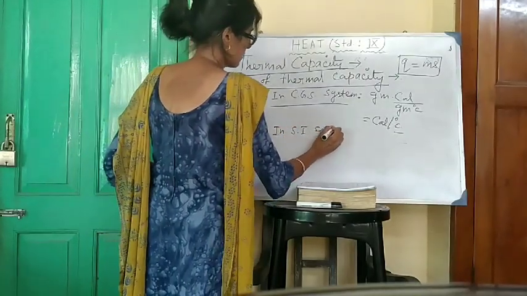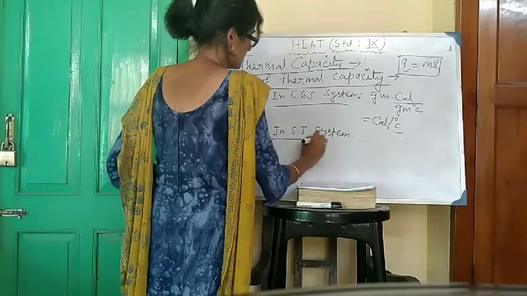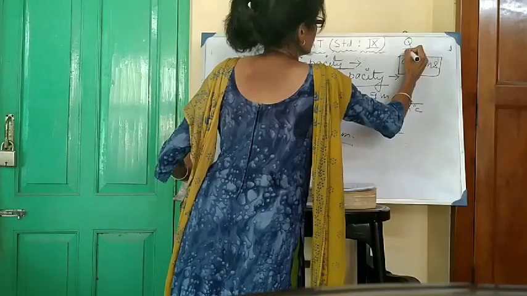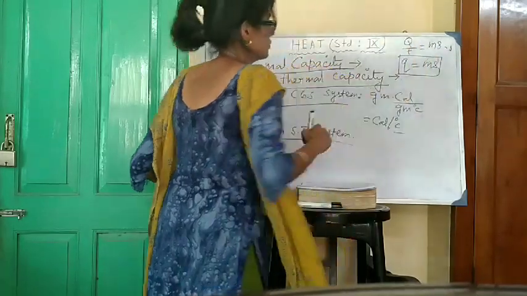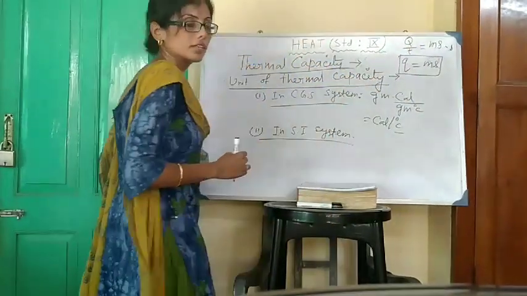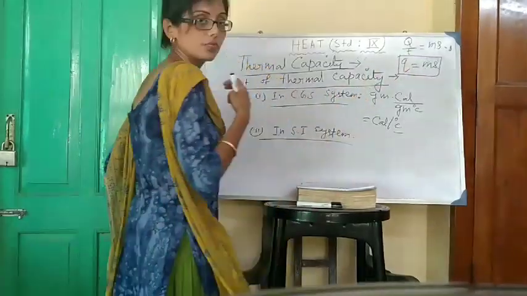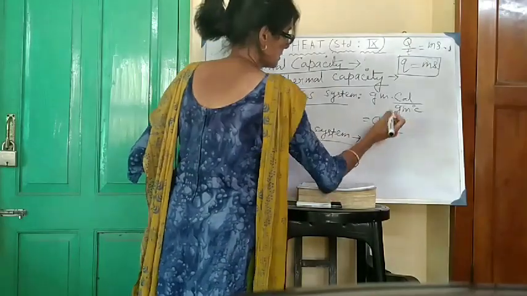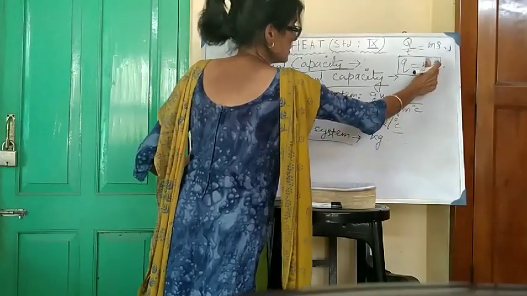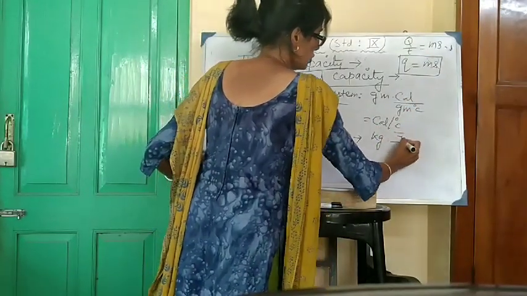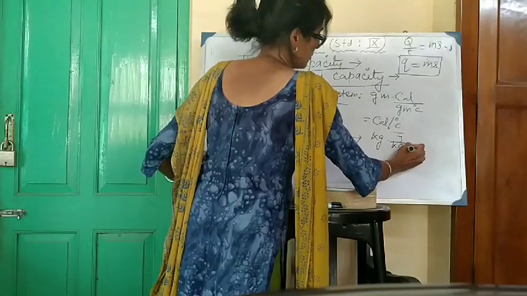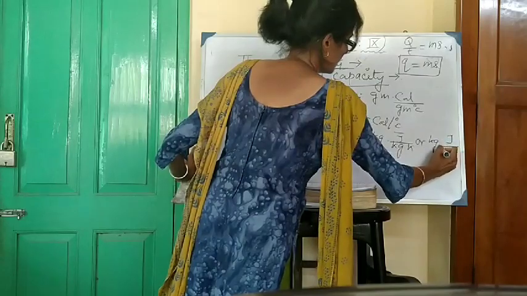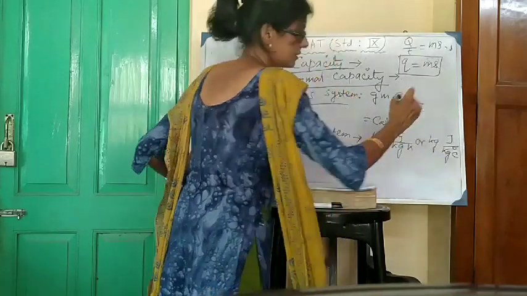In SI system. Same, you can find it from this formula also, Q by T is equal to Ms. If we follow this formula, Q is equal to Ms, the main formula of thermal capacity, then on the right hand side, mass is kg, and specific heat is joule by kg Kelvin, or kg into joule per kg degree centigrade.